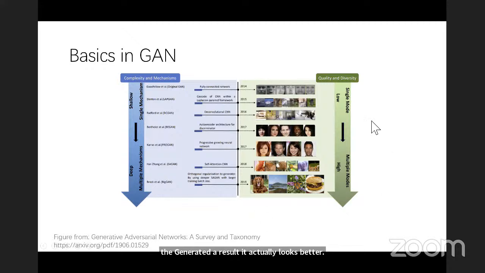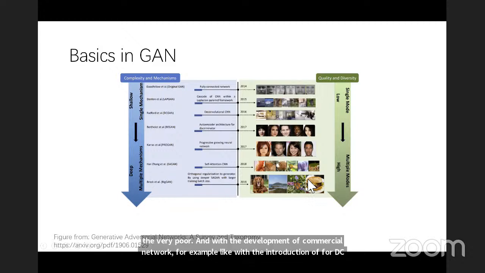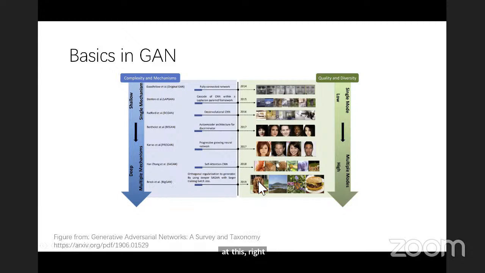Another trend is that we can also generate animals, landscapes, and food rather than just faces. So the GAN community has developed a lot in recent years. If you are interested in this kind of survey, you can take a look at the paper here at the bottom.